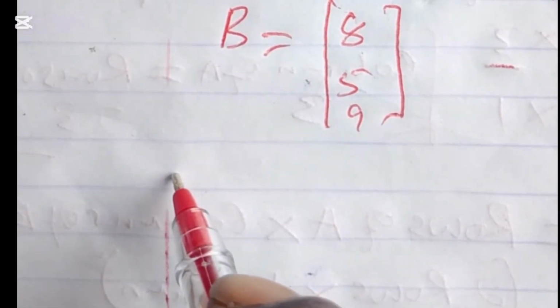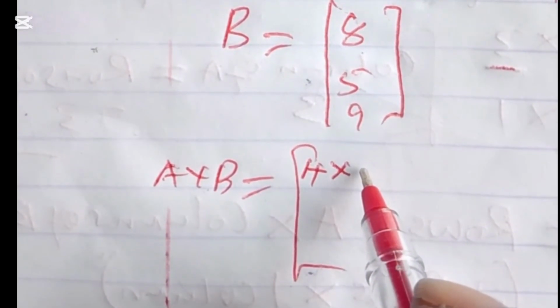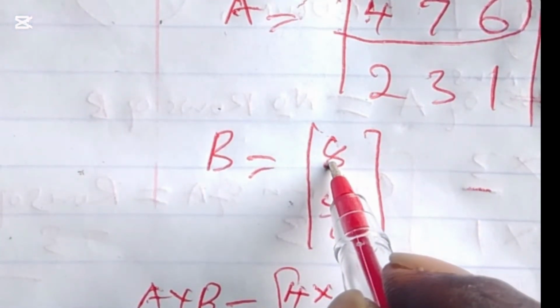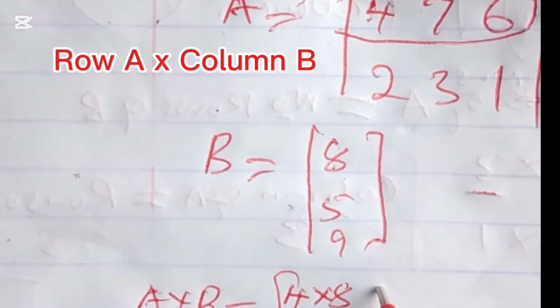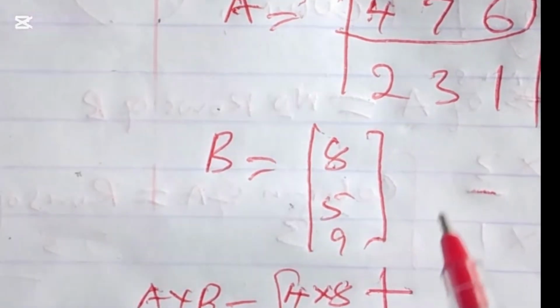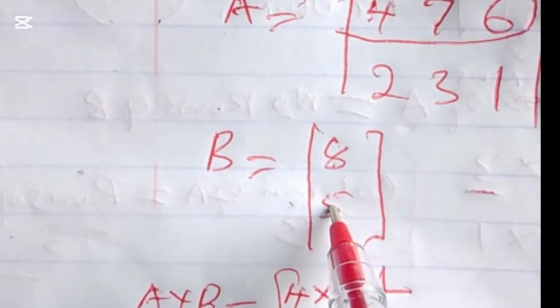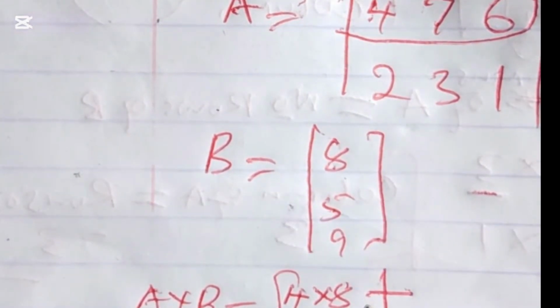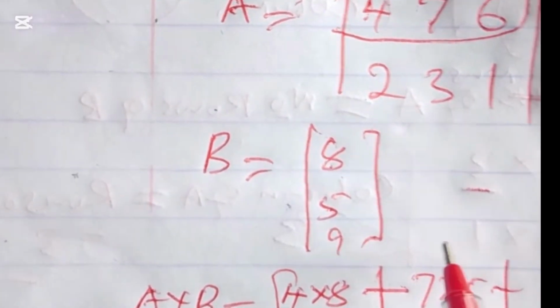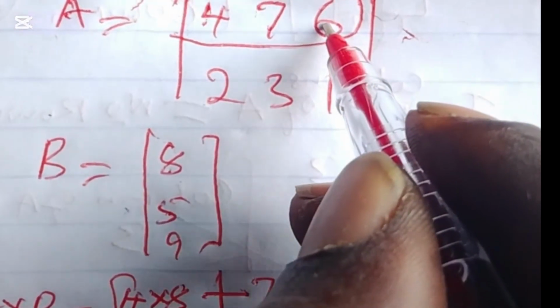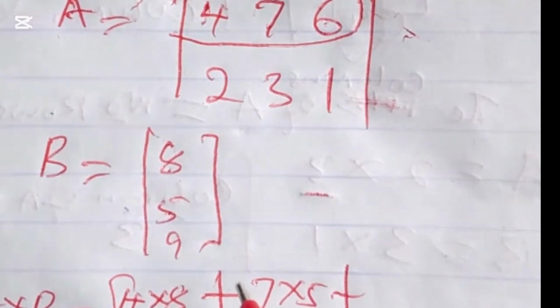The product A times B is equal to 4 in the first row multiplied by the 8 in the first column, plus 7 multiplied by 5 in the second column, plus the product of 6 and 9.